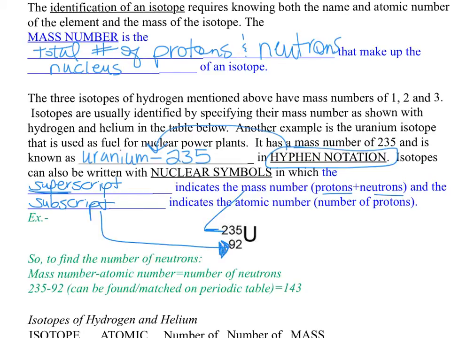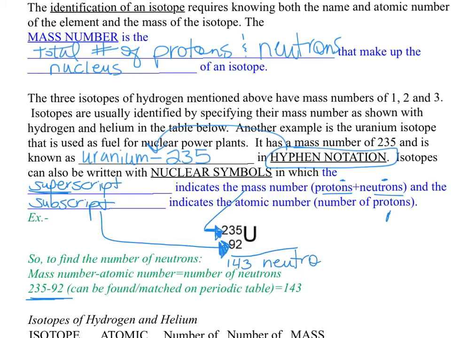So actually, this has a nice little setup ready for you. If you're trying to figure out the number of neutrons, you can just take the mass number, which has both protons and neutrons, subtract out just the protons, and you're left with neutrons. And so I've written this down here, 235 minus 92, and you're left with 143 neutrons.